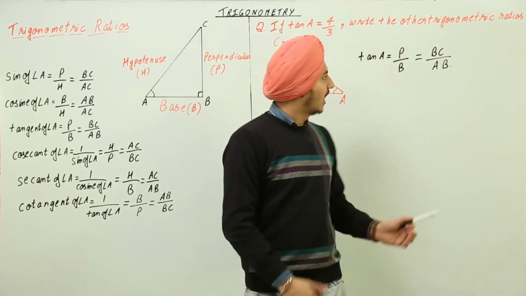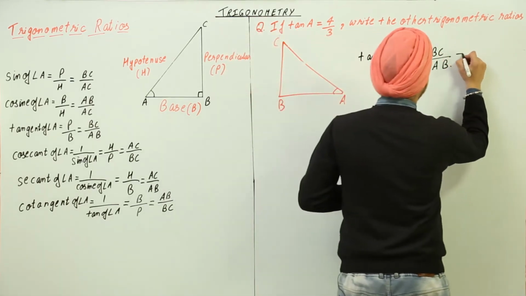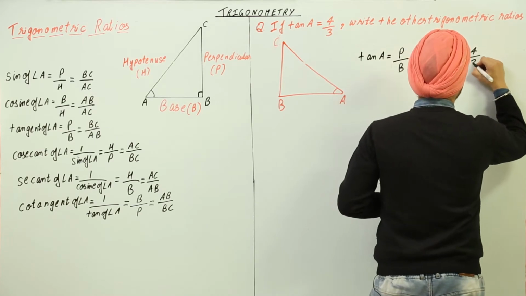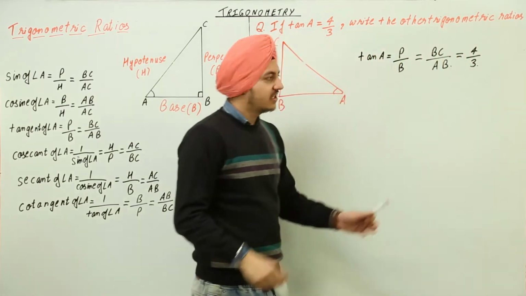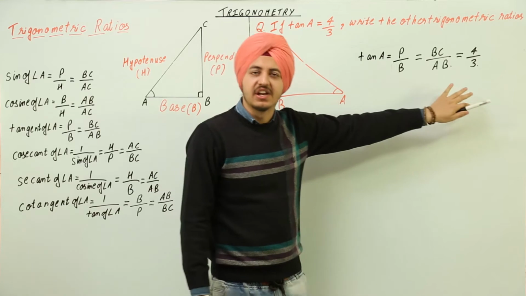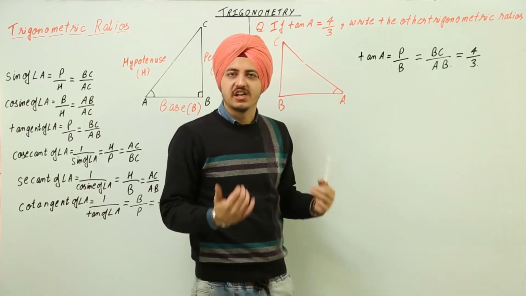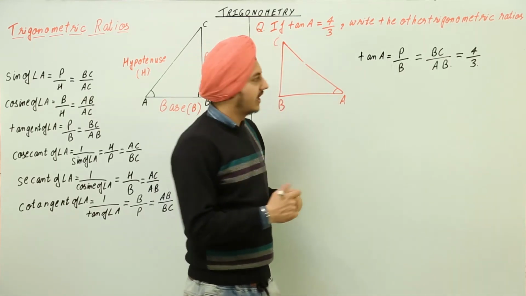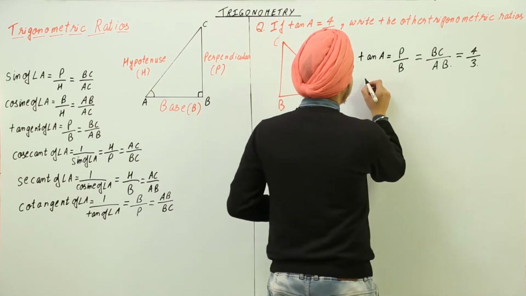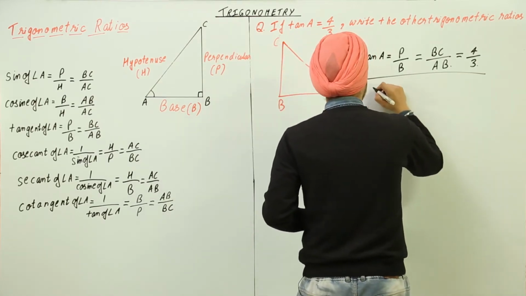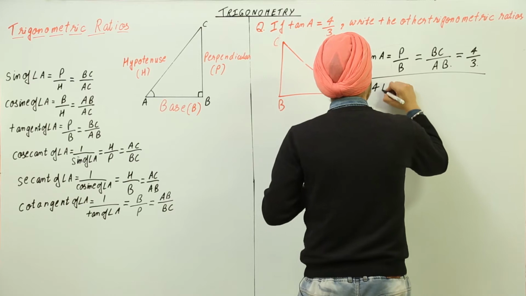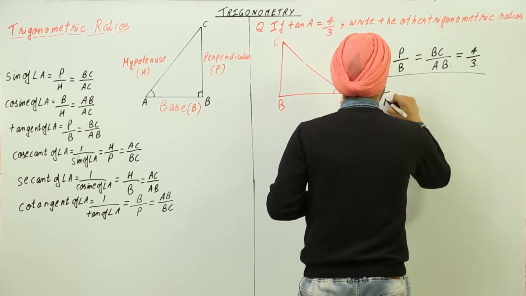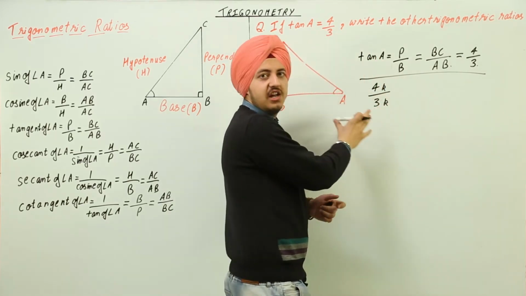So tan A is given as 4 by 3. Now since tan A is a ratio, correct? It is 4 by 3, it is a ratio. So we will have to put another alphabet K with this, so that we can compensate the ratio, and these can be taken as real numbers.